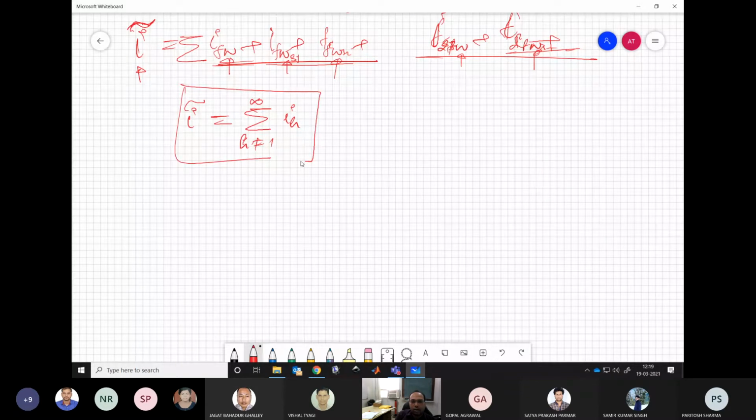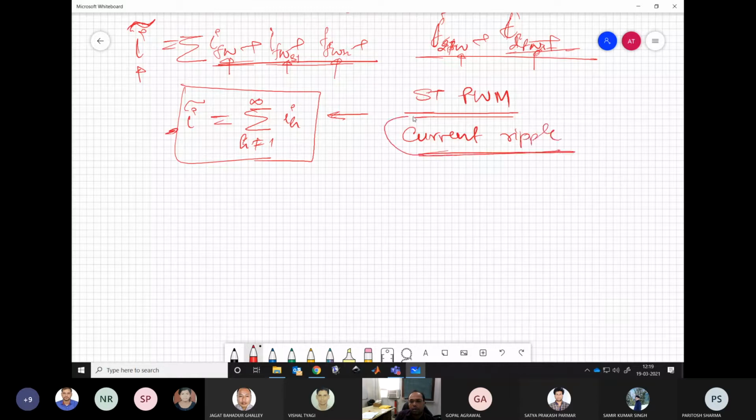Now, for sine triangle PWM or any high switching frequency PWM, the quantity to be analyzed is the current ripple. So this is our performance metric. We look for the peak to peak current ripple or anything related to this. So let us see how we analyze this peak to peak current ripple.